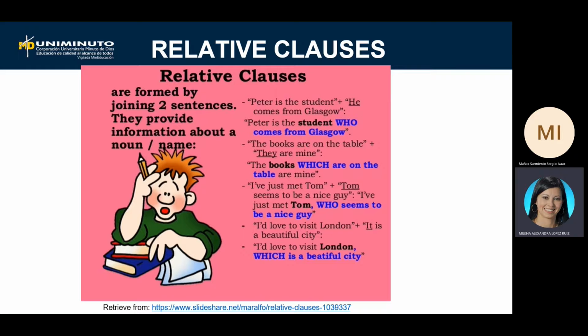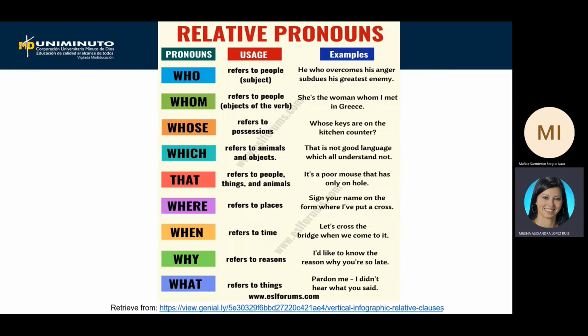Okay, so according to this, remember that our relative clauses are the same as the question words that we had. Who, we use for people; which, we use for things, ideas, or situations, etc. Where, we use for places; when for time; whose as a possessive, okay? So these are the relative pronouns: who, whom, whose, which, that.